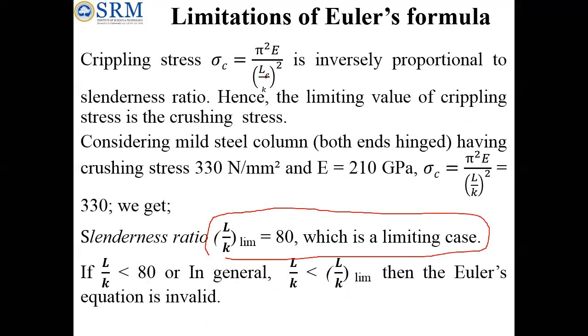This is for steel. Similarly, for another material, we have an L by K ratio of 50. If it is less than 50, we cannot use this rule, because this will not include the crushing stress. Clear? If the L by K ratio is less than 50, it is a short column, which may actually fail by crushing stress only, not crippling stress.